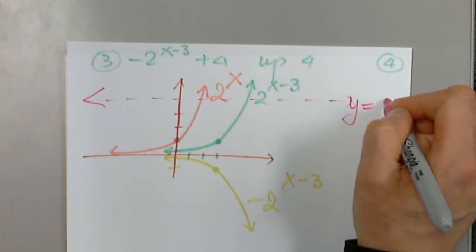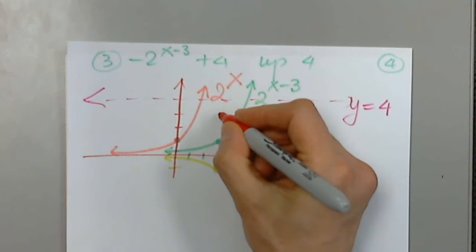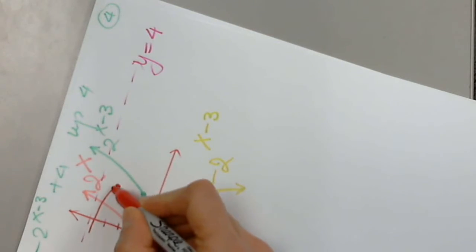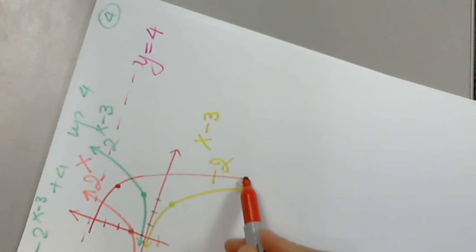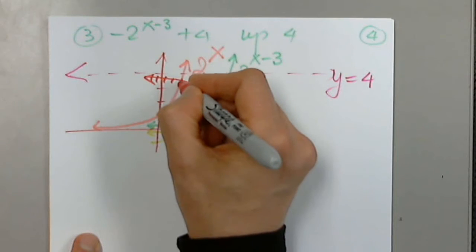So now it's at y equals 4. And just tell me, where will this point go? 3, 3. Indeed, it will go to 3, 3.